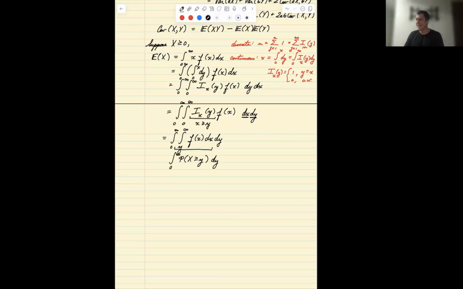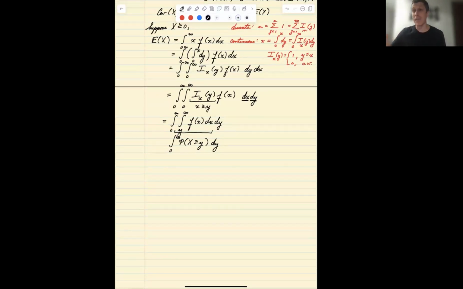So we can calculate the expectation of x by integrating what are called the survival probabilities, meaning that x survives past y, x is bigger than y.